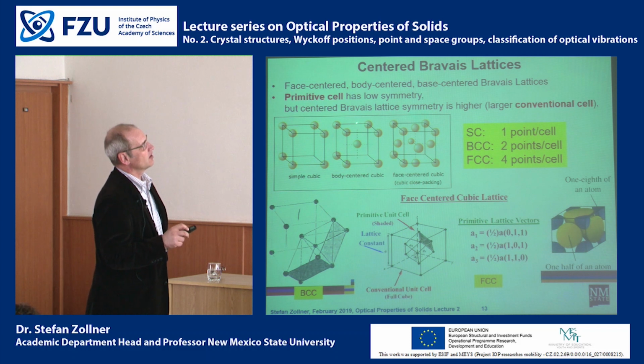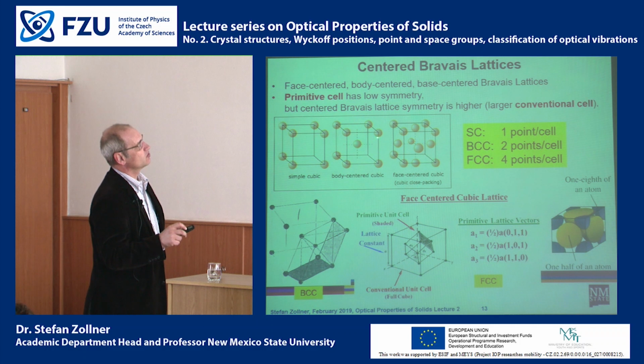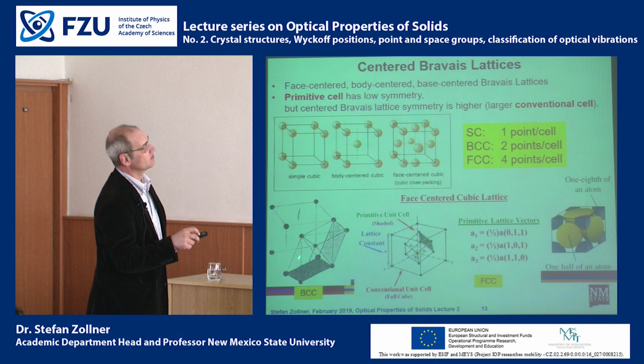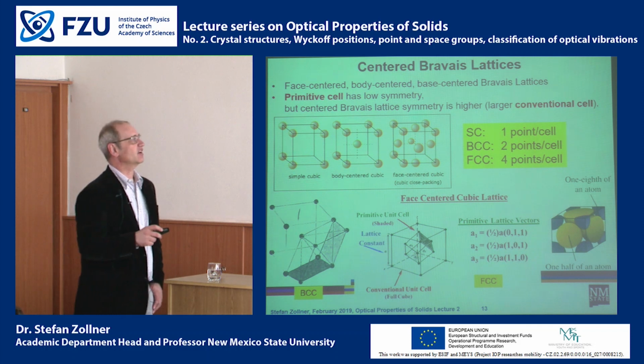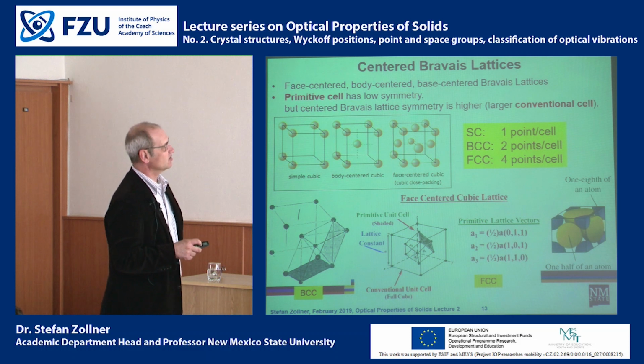But the crystal cell that belongs to this new type of crystal, where I put an atom in the center of the cube, the unit cell for this crystal actually looks like this, and it is very, very complicated. It does not have any right angles.